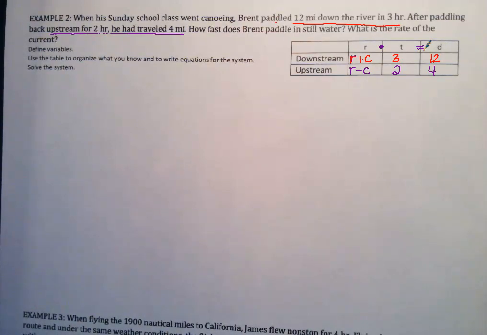R plus C is a quantity, so we put parentheses around it, times 3 equals 12. And then what's our other equation? The quantity R minus C times 2 equals 4. This time the equations are there because we're using two different variables in each one. So that equation itself is one for the system.